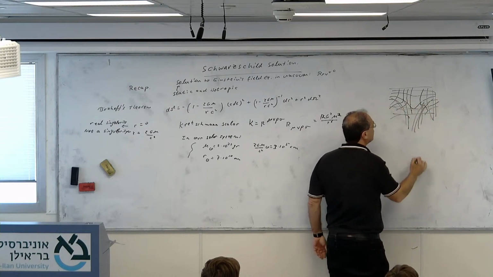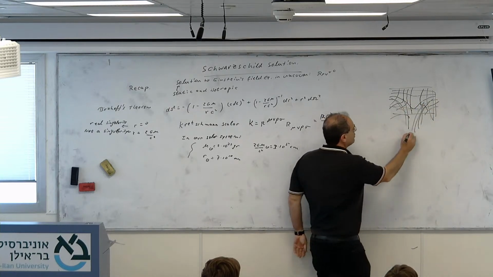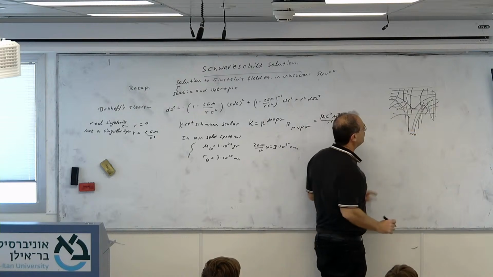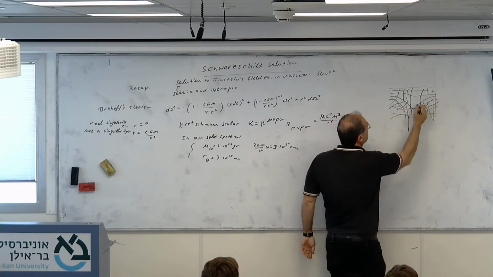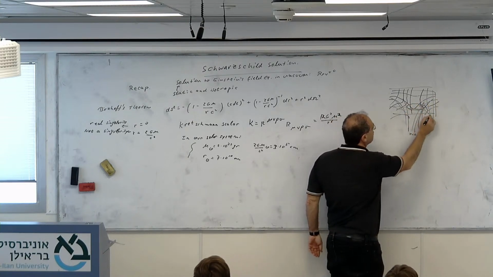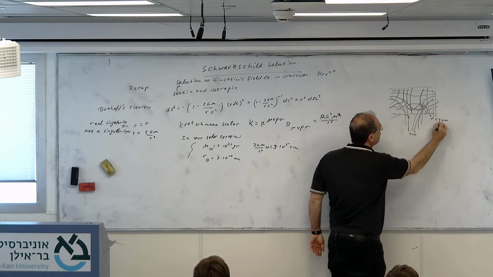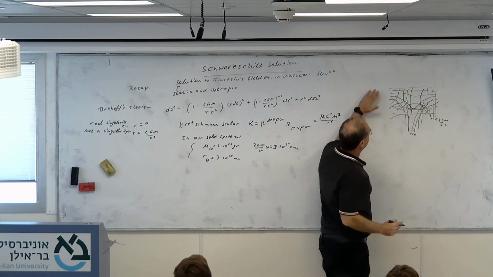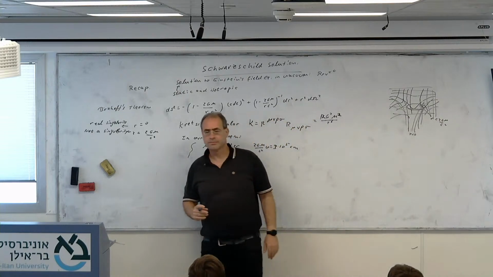Very far from the center, so this is r equal to 0 basically, very far from the center, there is nothing. This is r equal to GM over c squared, and the metric is curved when you get closer.